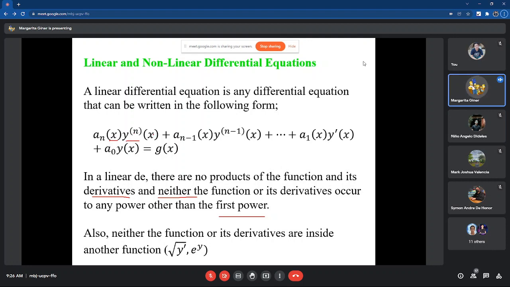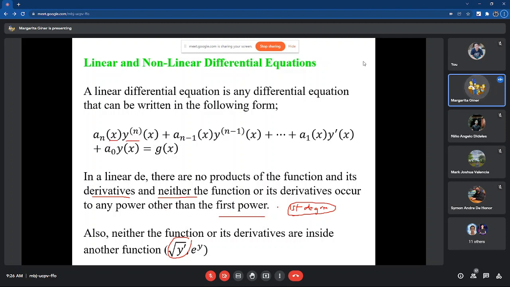Sige, later on, maintindihan nyo na once maghatag na ko example. So, pag may makita kamo nga may mga square root, ang iya nga dapat nga degree is always first degree. First degree siya dapat. Okay? First degree siya. Ang imong derivative.